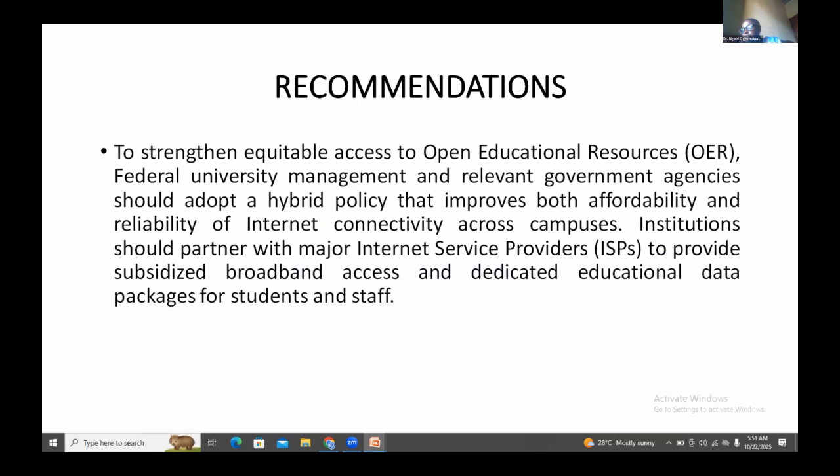This analysis provides valuable insights on how infrastructure and technological factors shape the inclusiveness of digital learning environments in higher education. Findings revealed a weak positive relationship between internet connectivity and equitable OER access, suggesting that access challenges persist despite the availability of widespread connectivity initiatives.